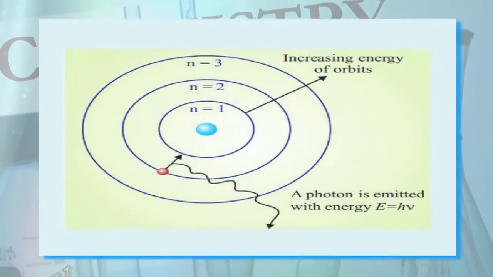This is the actual representation of exchange of energy when the electron changes its orbit.